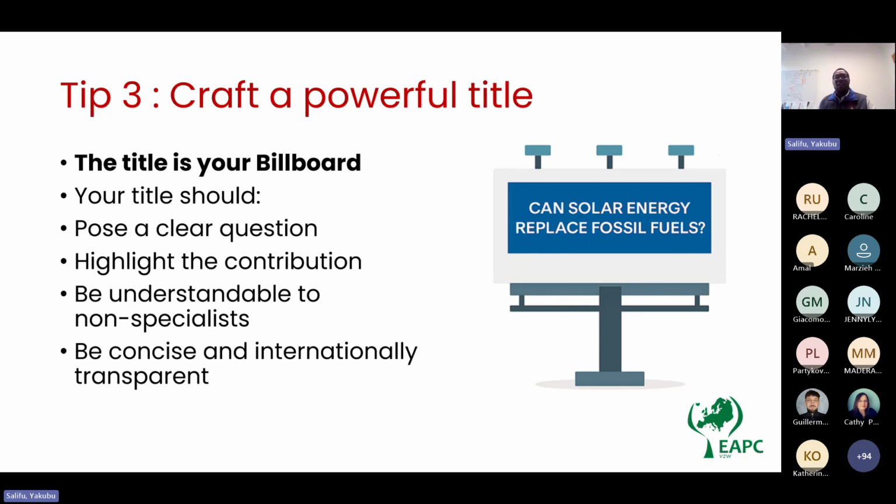And here it links back with the very first tip that I talked about. Knowing who your audience are is really, really important. And in science, the information needs to be internationally relevant, especially in conferences such as EAPC, that has a lot of people from all over the world.